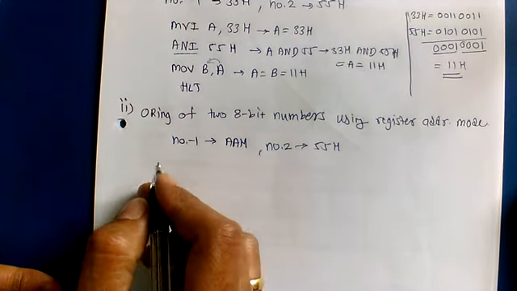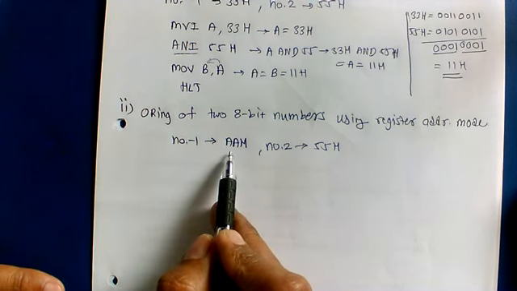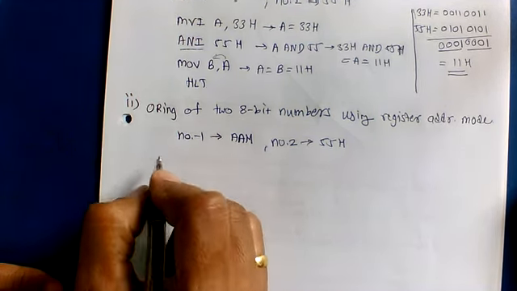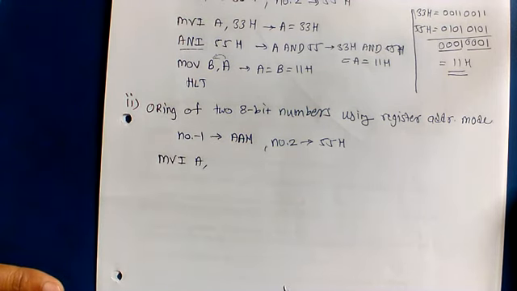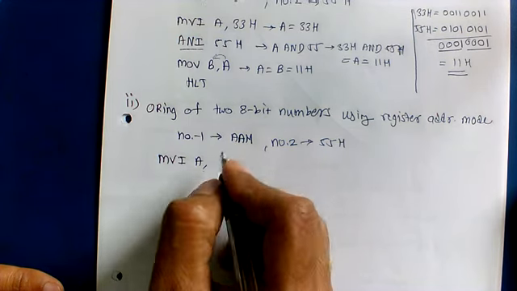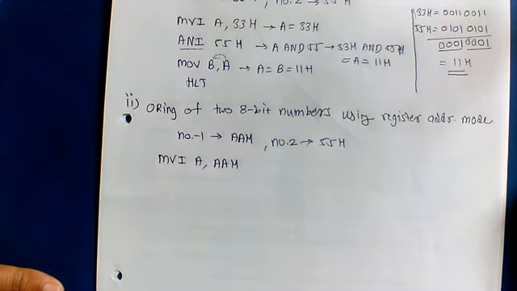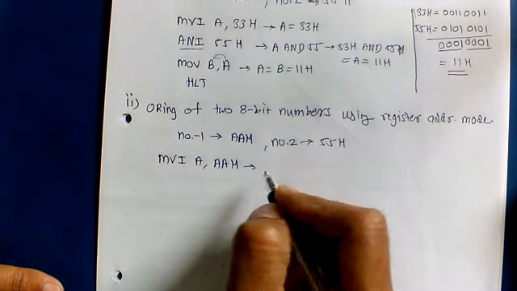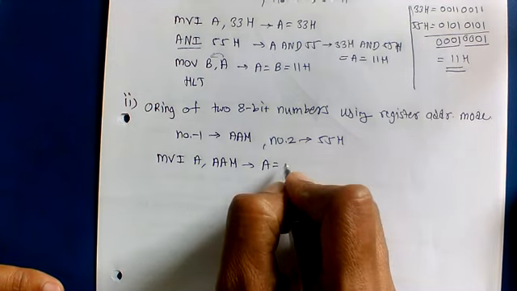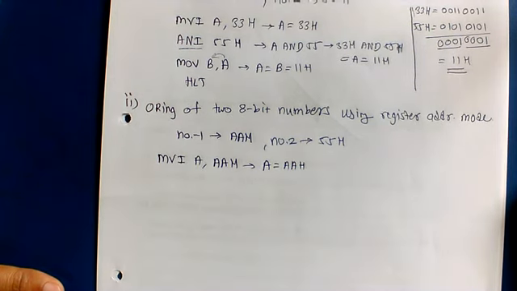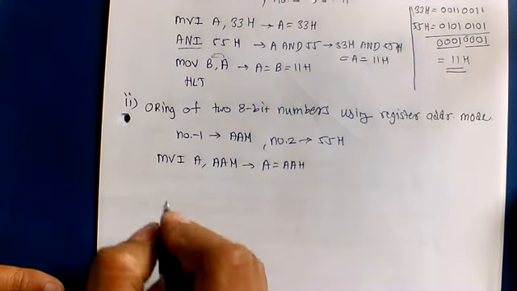The first instruction is to take this AA hex in accumulator. So MVI A, move immediate AA hex in accumulator. After the execution of this instruction, in accumulator you will get AA hex.